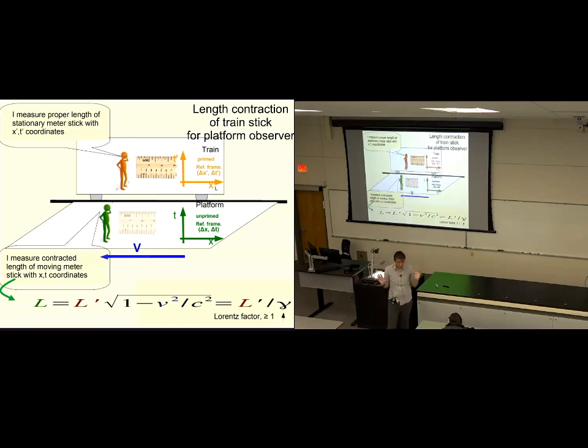So these two effects, length contraction and time dilation, are the two ways in which our notions of space and time are changed in relativity. They're kind of the foundational effects in relativity that affect our measurements of space and time. And they're at the heart of explaining why, measuring the speed of light from two different reference frames, the spaceship traveling to the left and the spaceship traveling to the right, could yield the same speed of light.